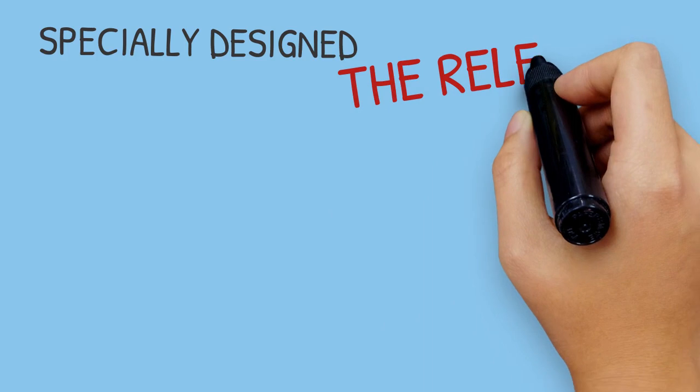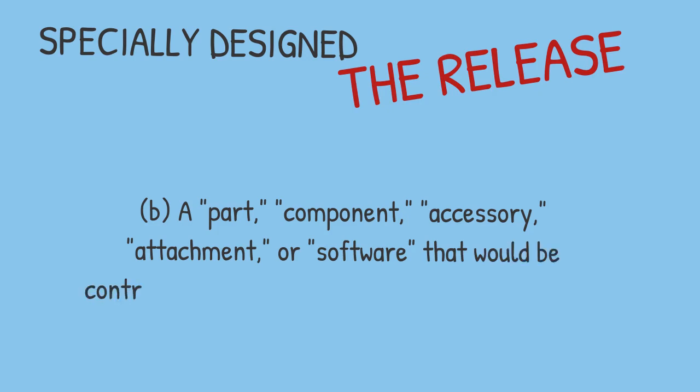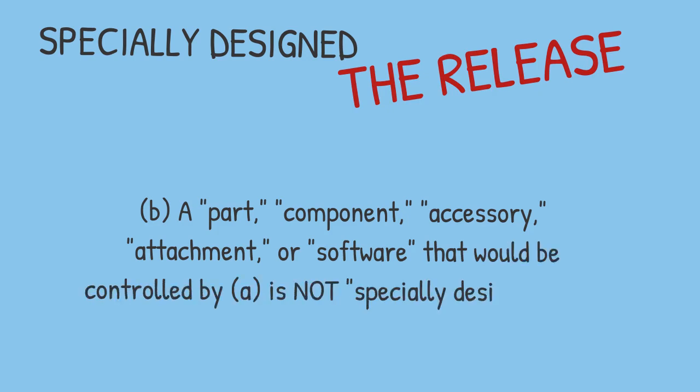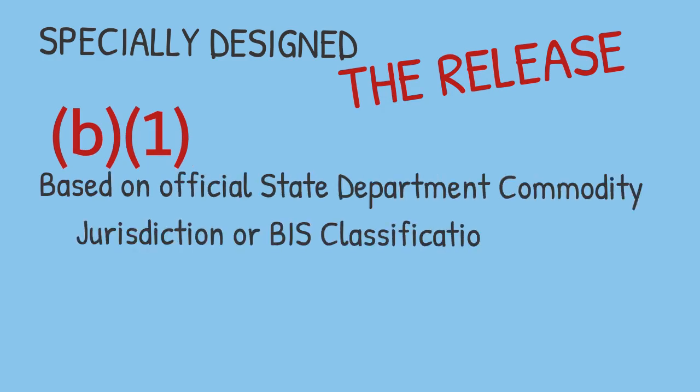Paragraph B then winnows this down to release the parts that are more general in nature or for use in a variety of items. If a part meets the criteria of one of the 6 releases under B, then it is not specially designed for the item in question. Paragraph B1 releases parts from specially designed if the U.S. government says they're released.